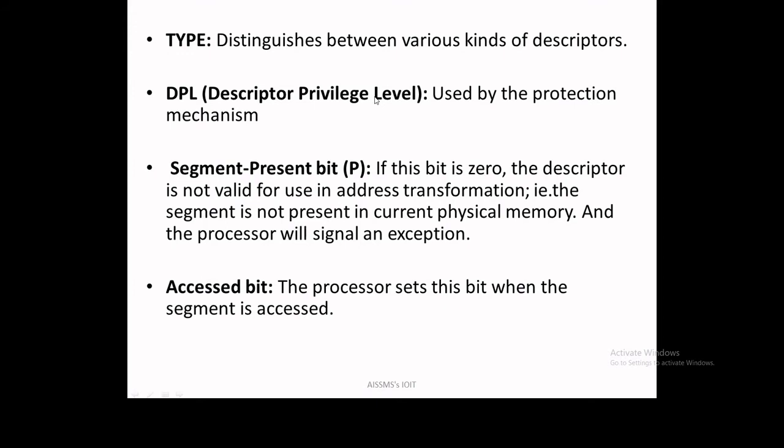As I said, there are 3 privilege levels: 0, 1, and 2. The highest is the 0th privilege level, and the application programmer works in the lowest privilege level. So if the segment is a system segment, the application programmer cannot use that system segment.